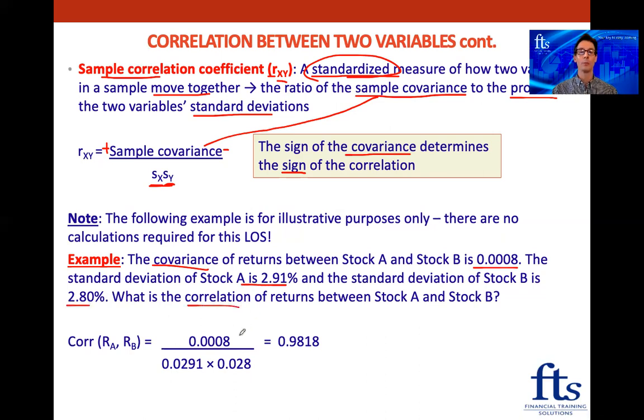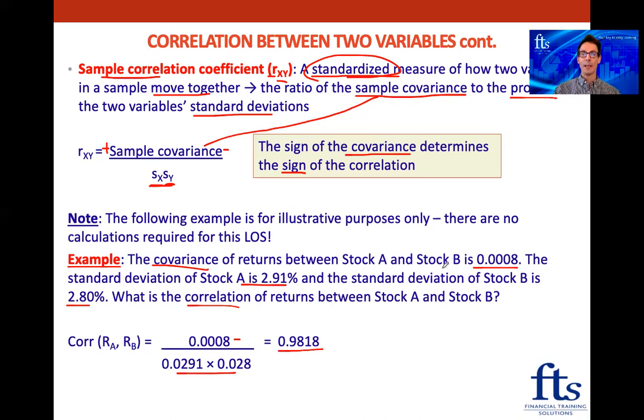All we've got to do is take the covariance in the numerator, and we divide that by the product of the standard deviations of the two stocks, the standard deviation of stock A and the standard deviation of stock B. So that then is our correlation. It's 0.98. There's a 0.98 correlation between stock A and stock B.